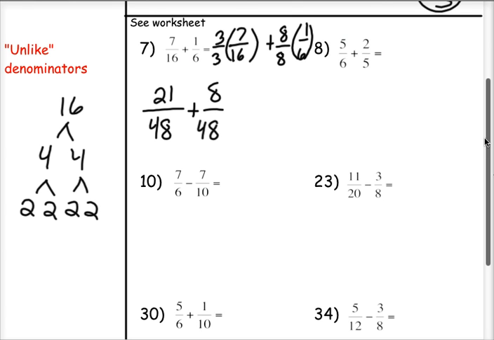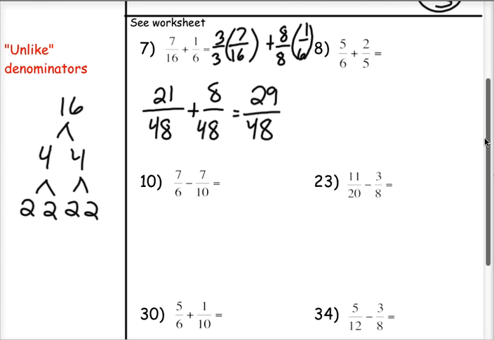And now, look at why I've done this. Notice now I have a common denominator. Now I have something that I can actually finish solving, because with that common denominator, now I can actually do my adding. So that's going to be our process here.